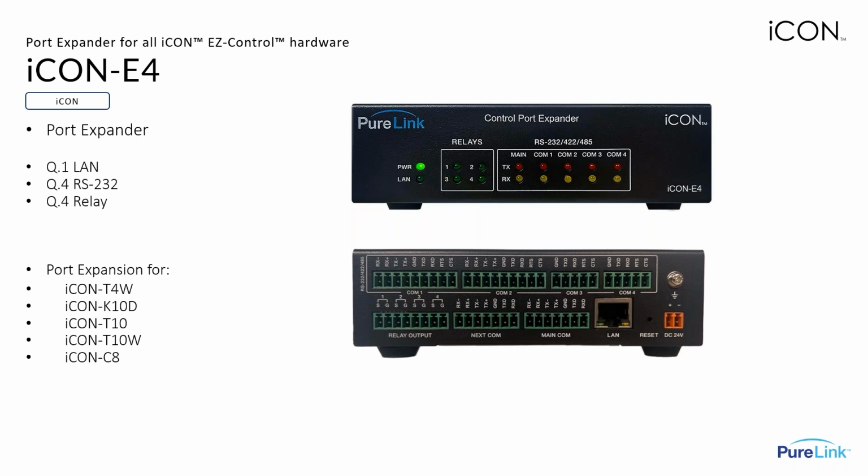So if I've got a conference room and I have another conference room and maybe a breakout room or a lobby, I can put E4s in all of these locations to be used as control expansion in those locations. I can have as many E4s as I have IP addresses available on the network, and it works as an expander for any of the other hardware we've looked at. So the T4W, K10D, the T10, T10W, or C8 all use the E4 as a connectivity expander.